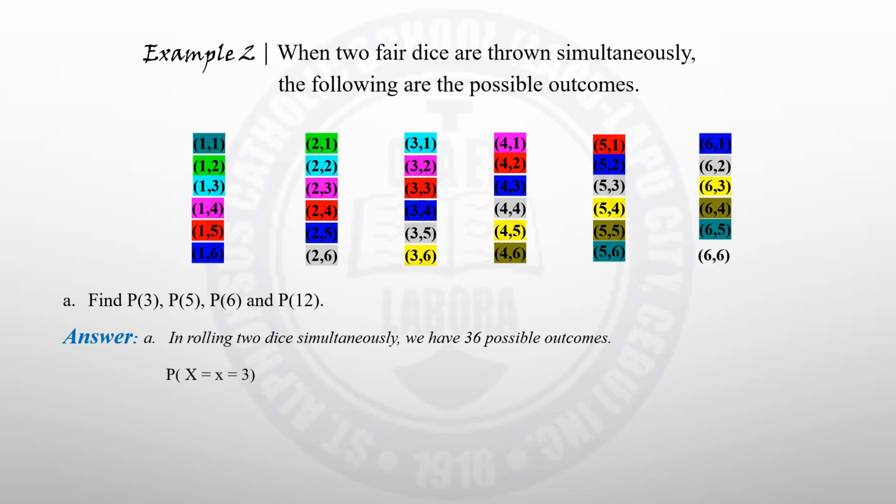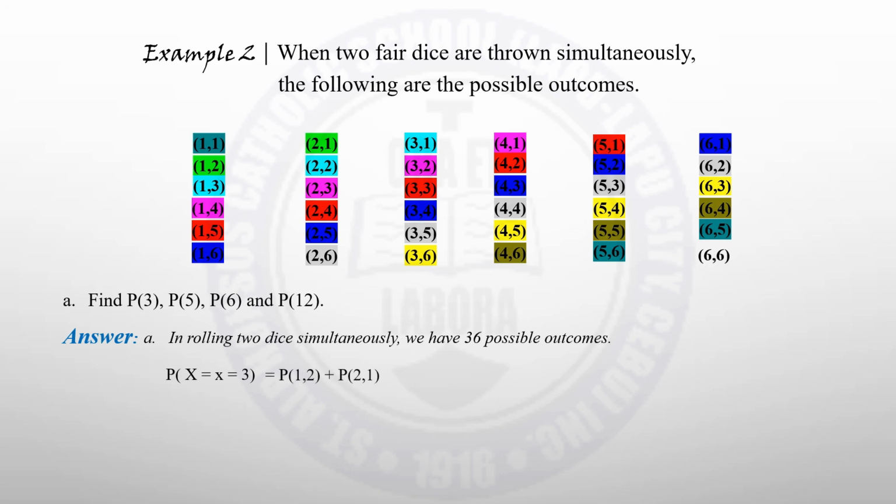First, we write the notation. P of uppercase X, or the random variable, equals lowercase x equals 3 as the possible outcome for the sum of the two fair dice being thrown.